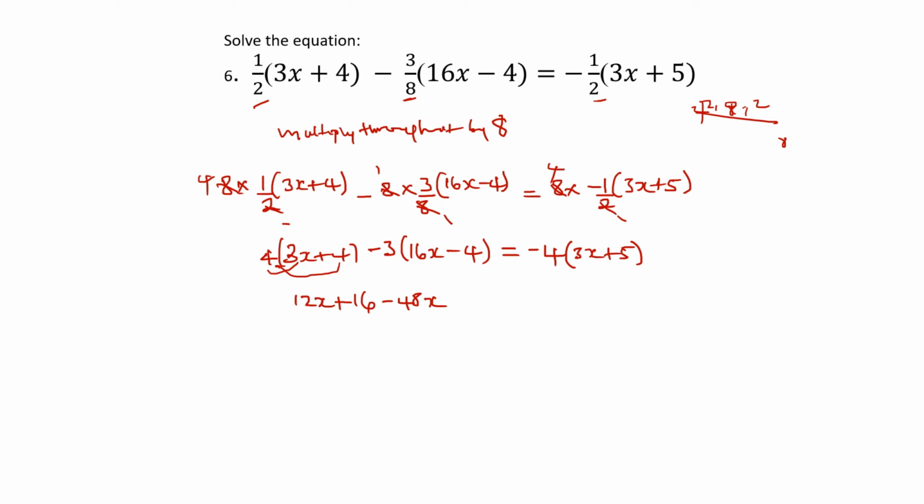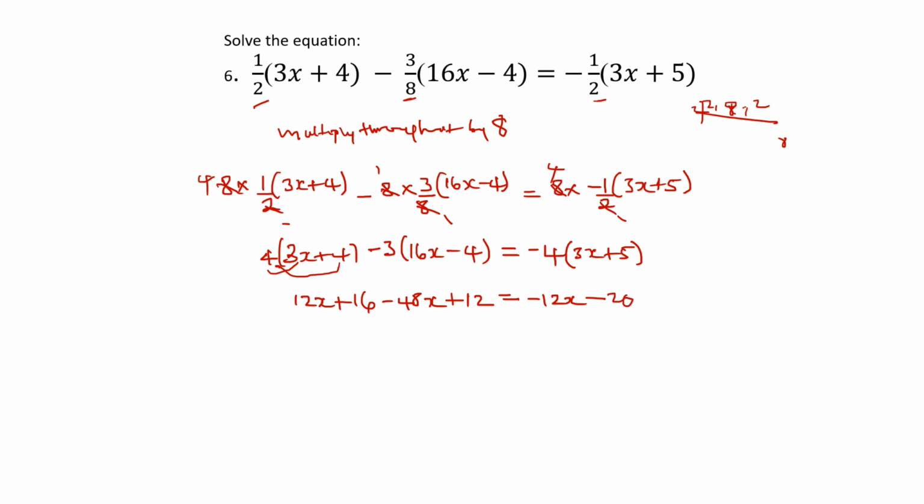Negative multiplied by negative is plus. 3 times 4 is 12. We have this equal to sign, minus -4 multiplied by 3x is -12x. -4 multiplied by +5. Negative times positive is negative. 4 times 5 is 20.